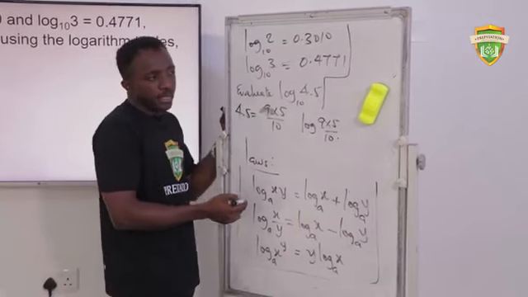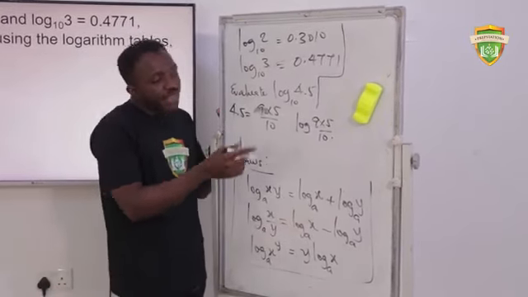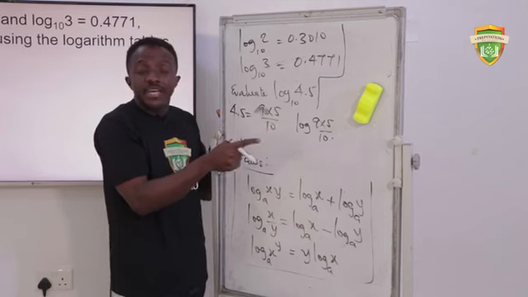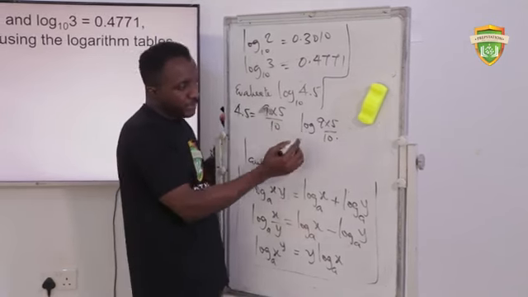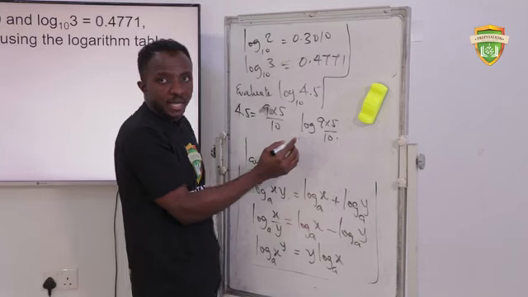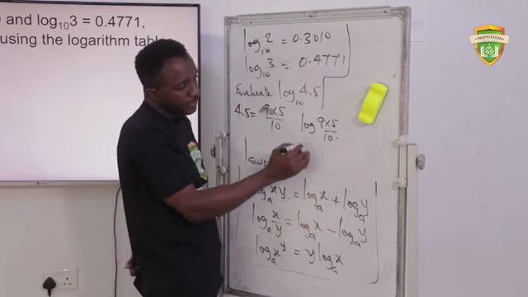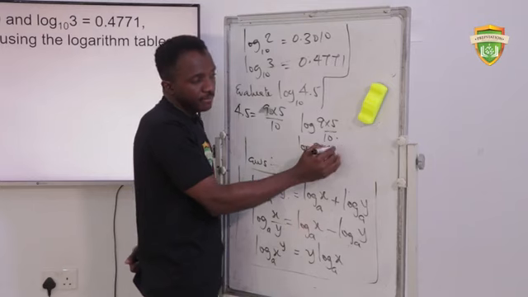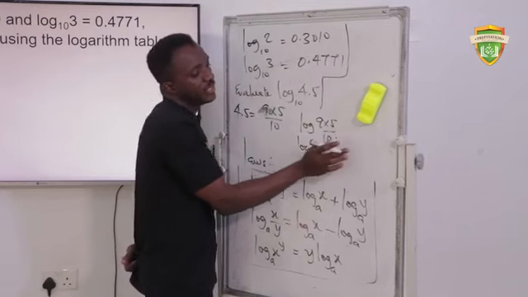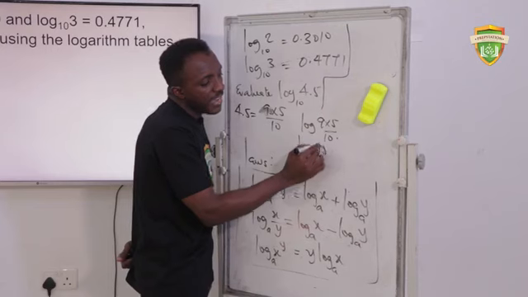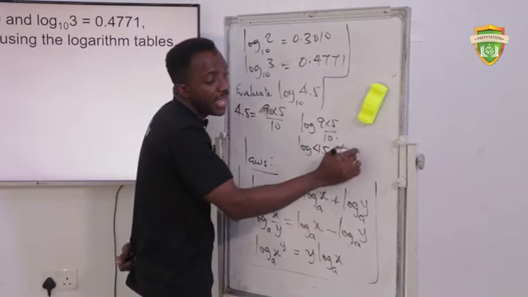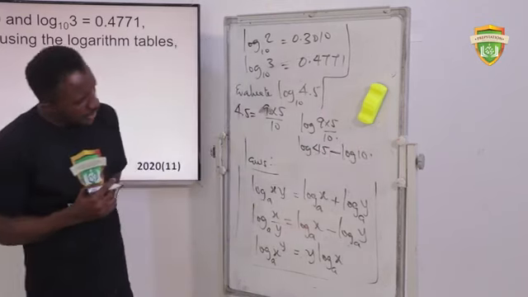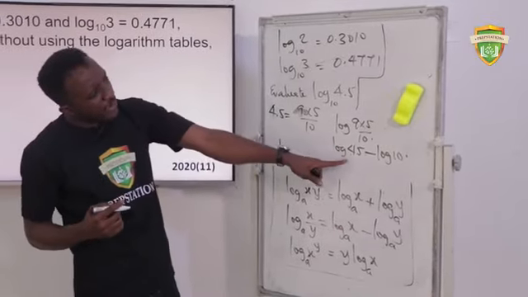Look at this. Now, if you look very closely, this would be log 45 minus log 10. But you say, Mr. McCollins, how did it become 45 minus 10?